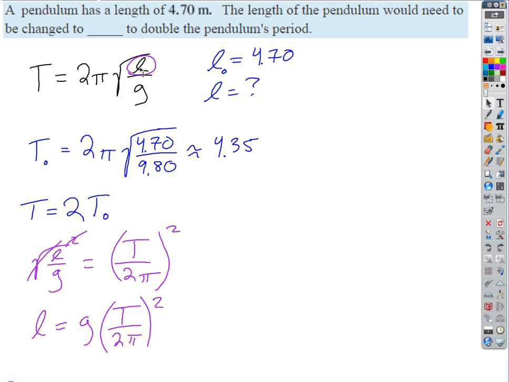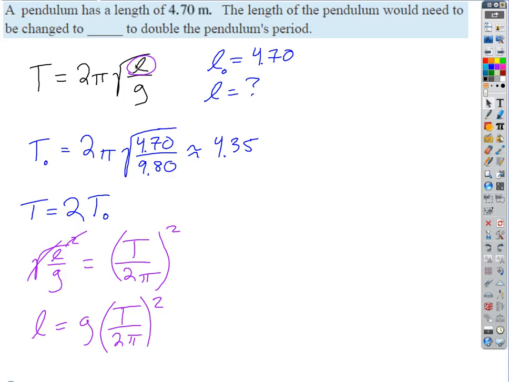So if everything else is staying the same, what would I have to do to the L if we want to double T, if it's proportional to the square root of L?